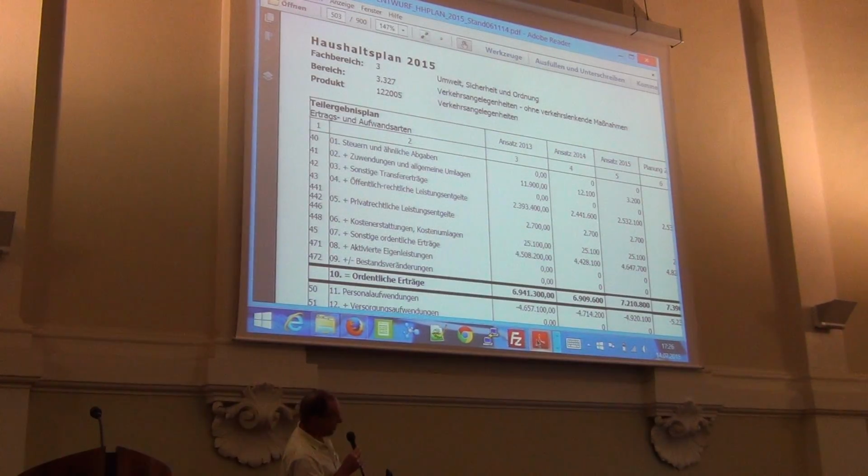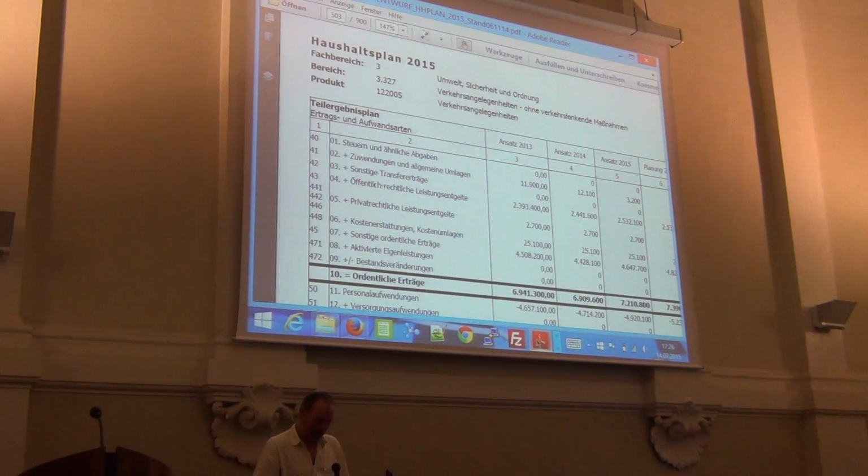It's about traffic things. So they spend like 7 million a year on traffic stuff, and this is the information you get. And this, of course, 4 times 137 things, it's already like 600 pages, and if you really want to understand the budget, you really have to understand these pictures, these figures, and this is difficult.